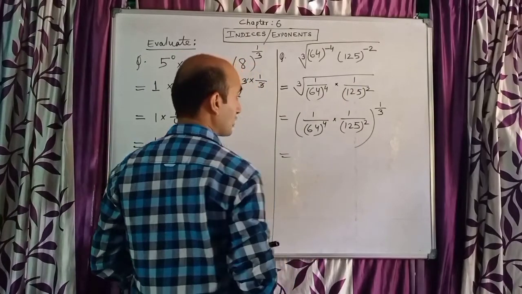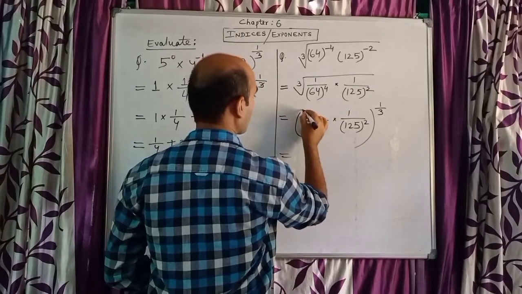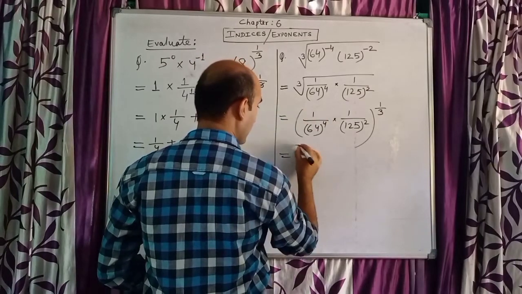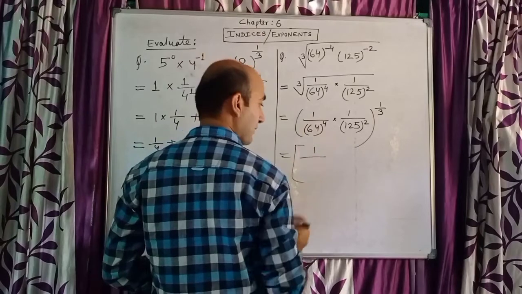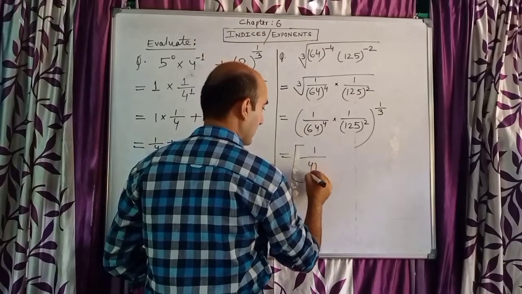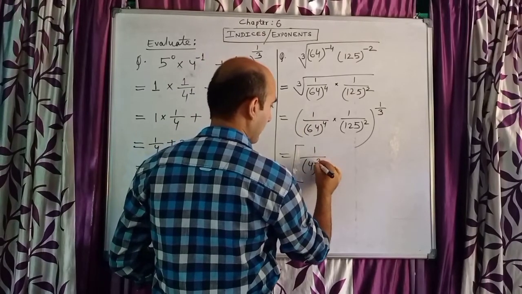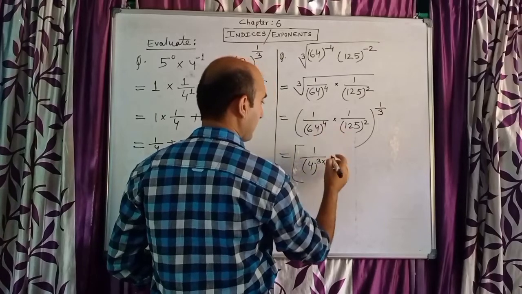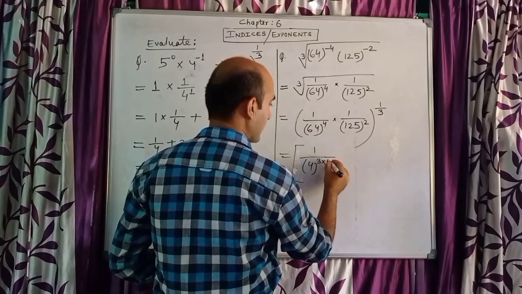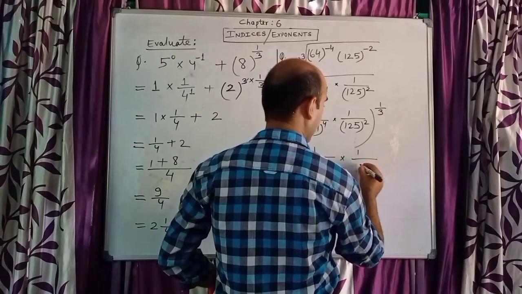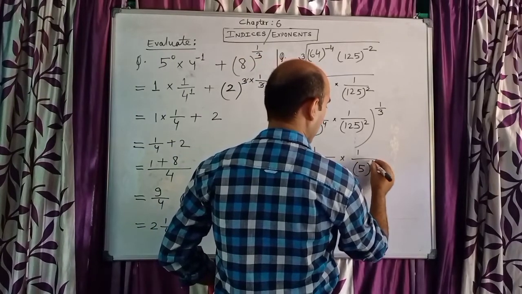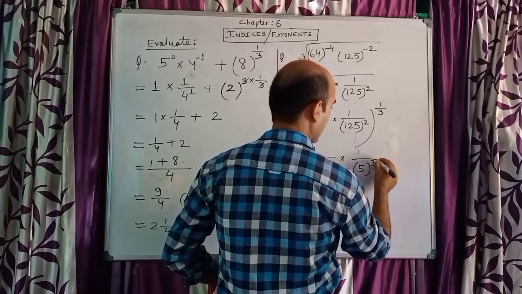So to make it a cube number, I am going to write, instead of 1 by 64, 4 cube, and I have the exterior power as 4. And here I will write 1 by 5 cube, and the exterior power is 2.